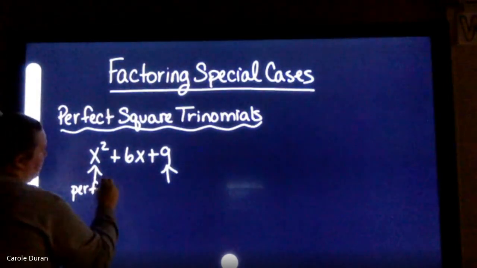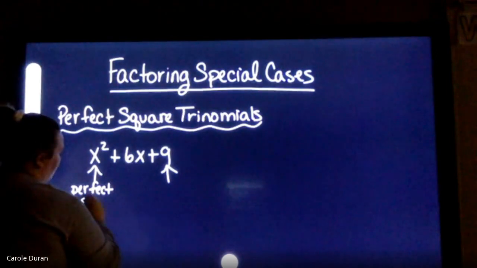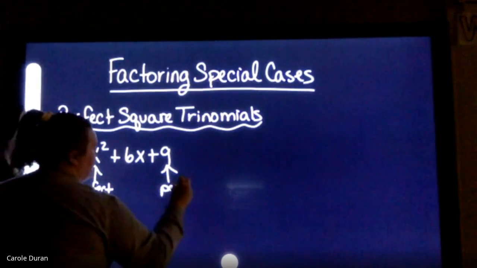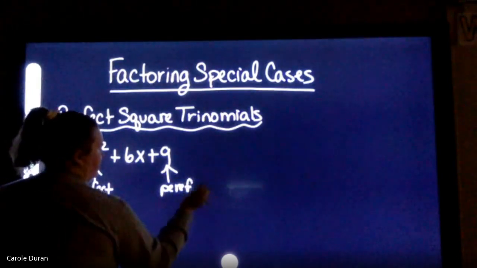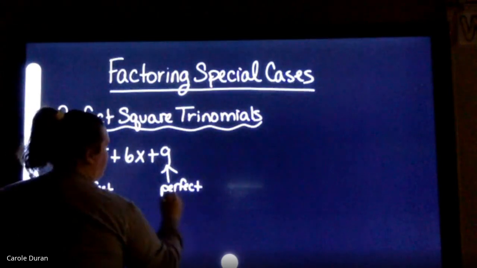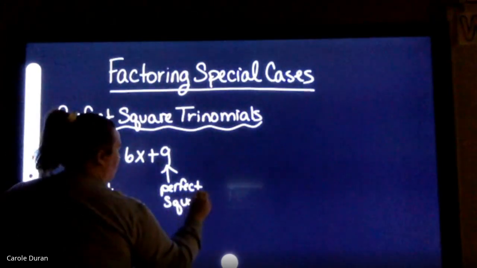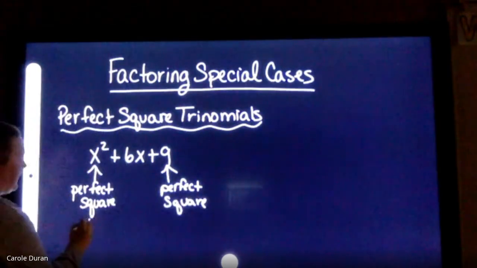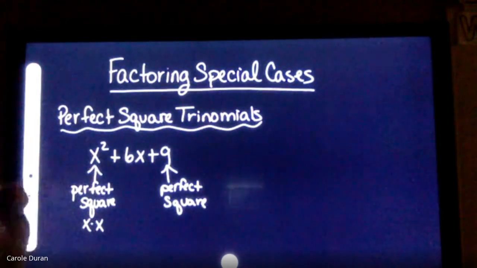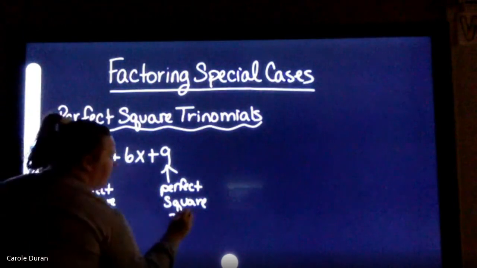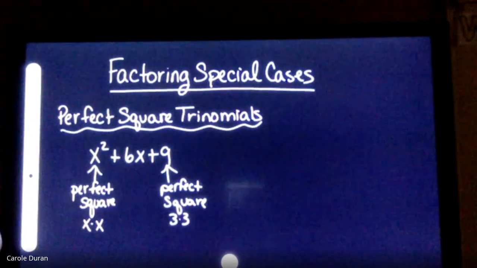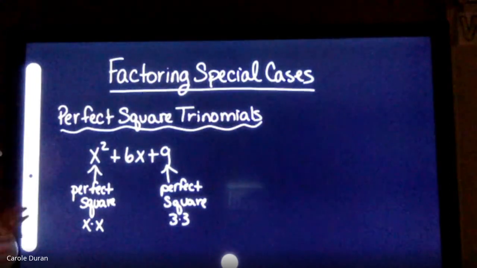So a perfect square means the same number or value times itself equals that number. So x squared breaks down into x times x, which is the same value times itself equals that. 9 is 3 times 3. Again, a perfect square because 3 and 3 are the same number. Multiply them together and they give you 9.